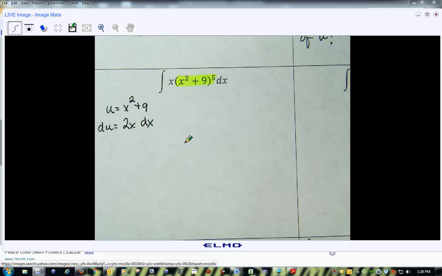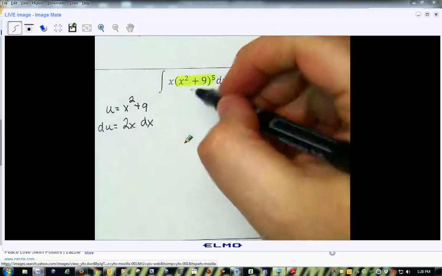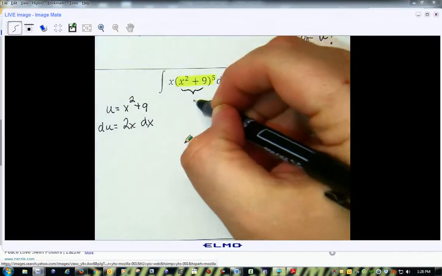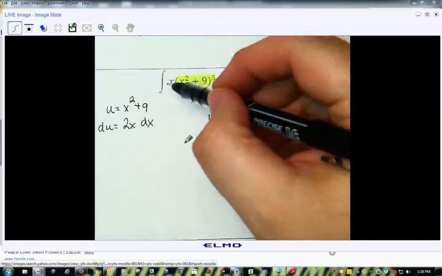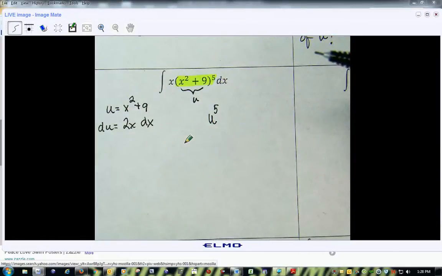All right, I know this is going to become u, so I know I'm going to get u to the 5th, but do I have 2x? No, I only have an x. Now, what's the most powerful trick a mathematician has?